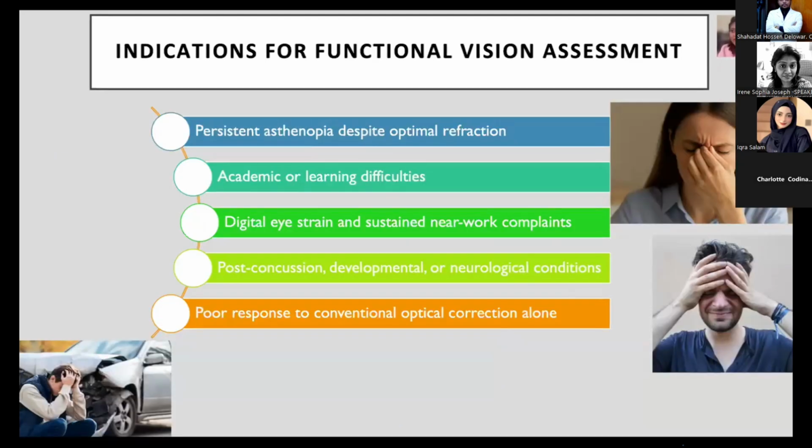So what are the indications for functional vision assessment? It should be considered whenever patients report persistent visual discomfort despite optimal refraction. It includes individuals with learning difficulties, digital eye strain, post-concussion symptoms, developmental conditions, and those who do not respond adequately to conventional optical correction alone.